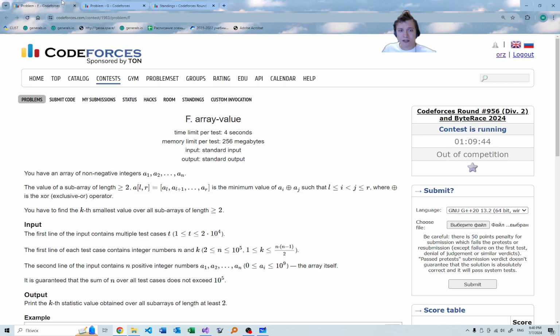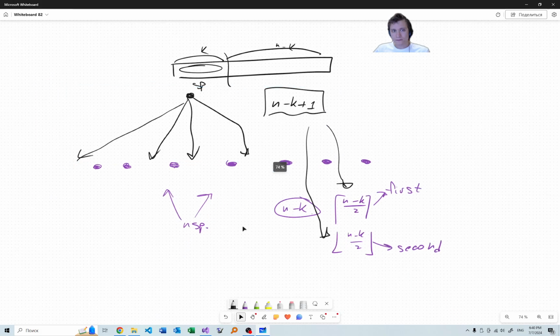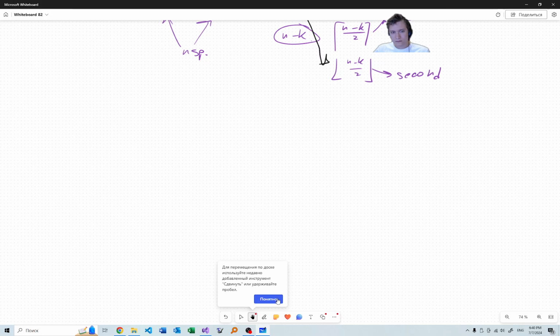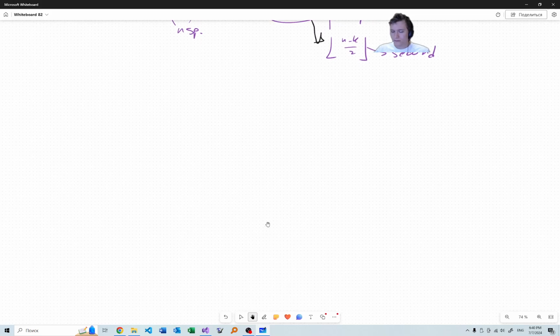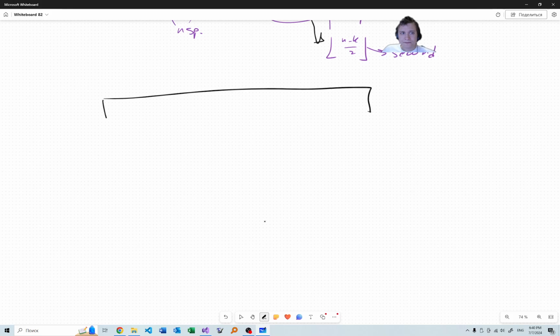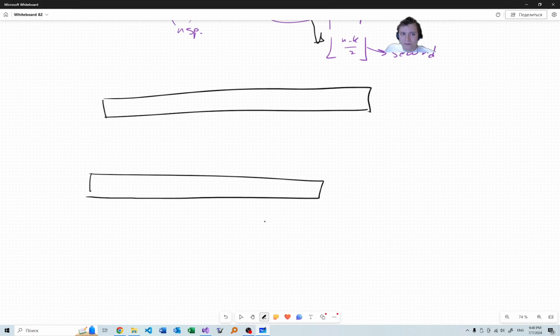The minimum value of AI XOR AJ. So the answer to this problem is some 32-bit number.